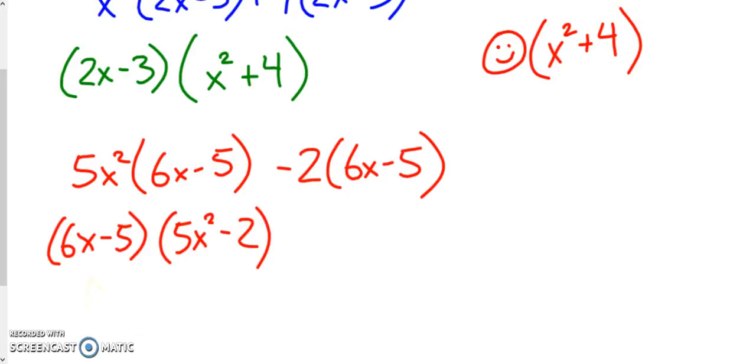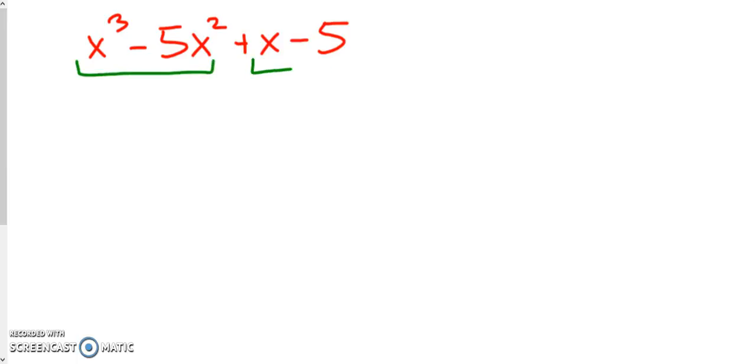All right, so how does this relate to actually doing this with an expression that doesn't have part of it already done? So let's say I've got x cubed minus 5x squared plus x minus 5. Well, as the name suggests, what you want to do is group this. So I can group these first two terms together and then these last two terms together.